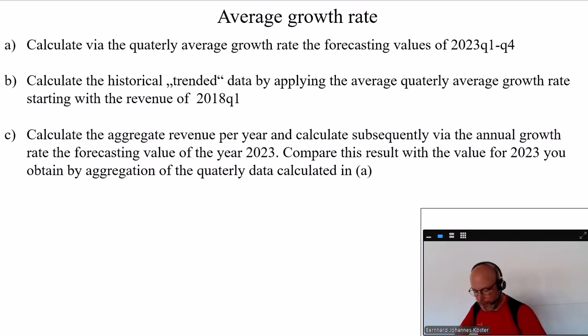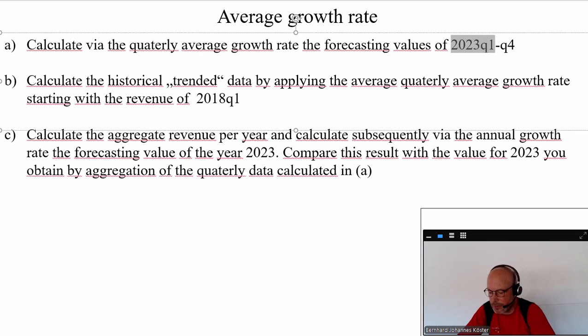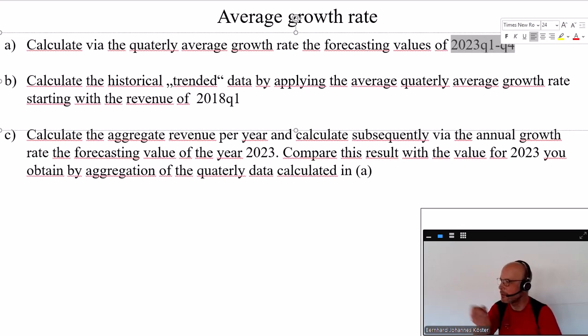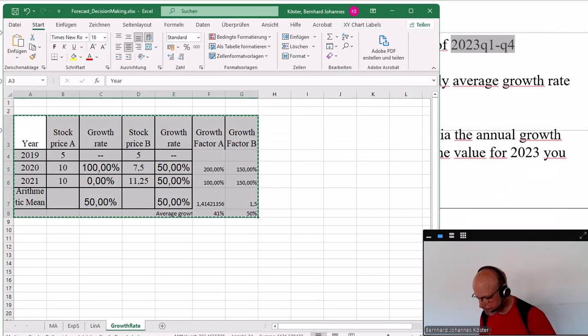Subsequently, forecasting then the year 2023. And of course, having this growth rate, we can also forecast all quarters using this quarterly growth rate.